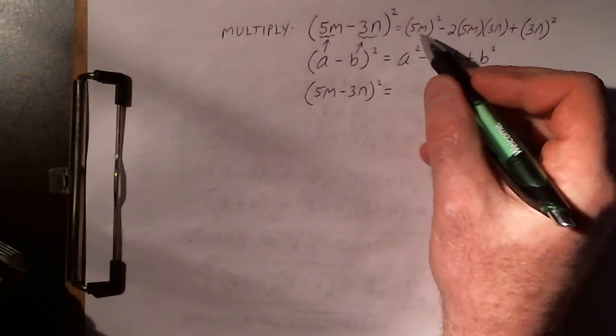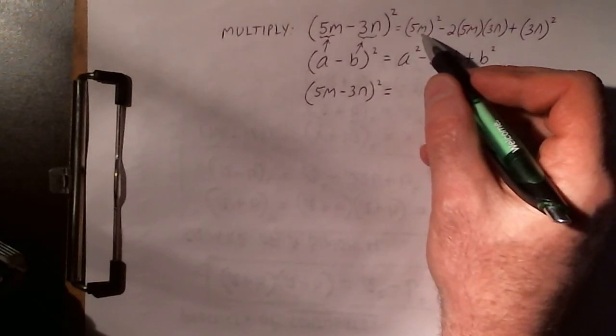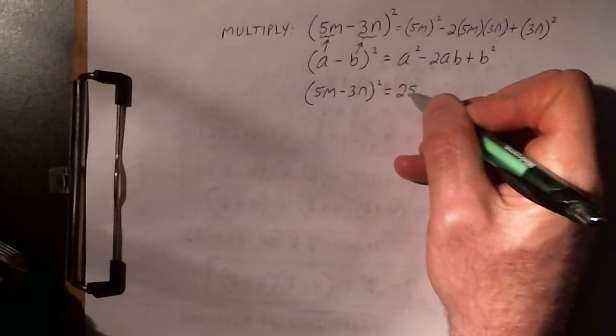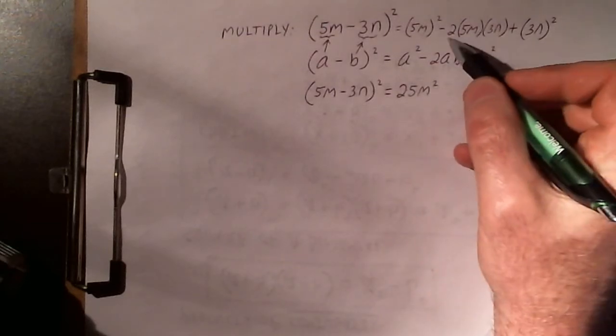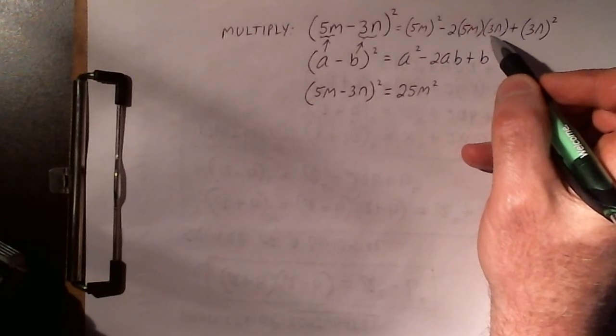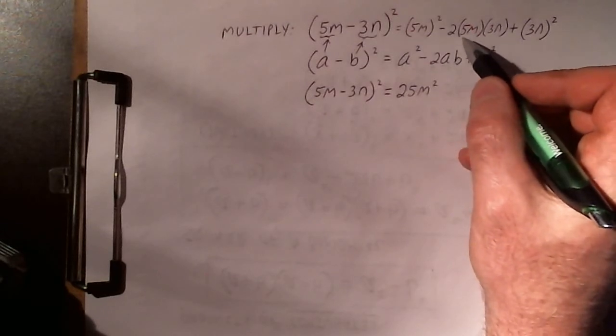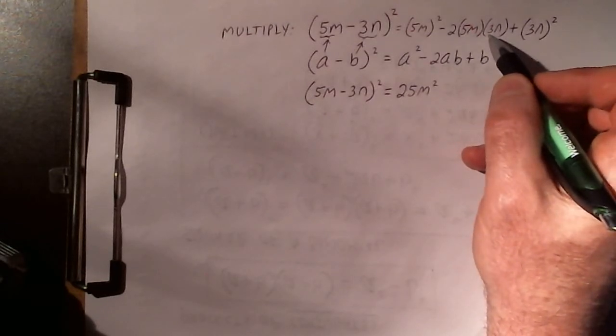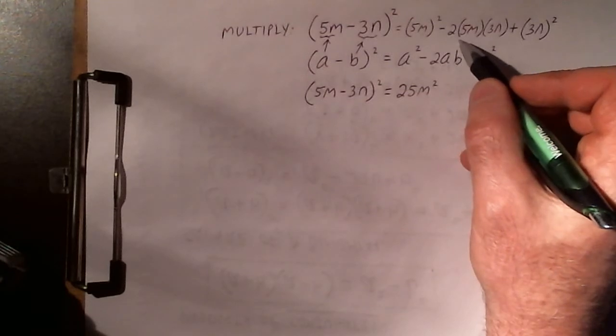5m squared is 5m times 5m, which is 25m squared. Minus 2 times 5m times 3n. 2 times 5 is 10. 10 times 3 is 30. So the middle term is going to be negative 30mn.